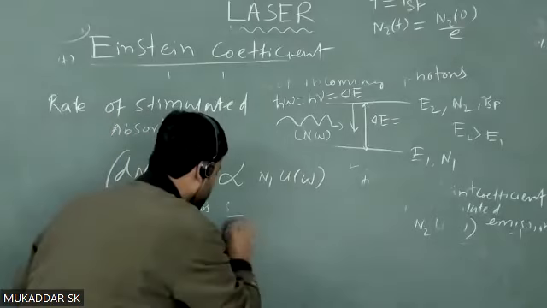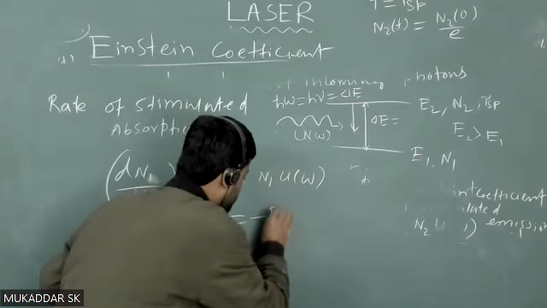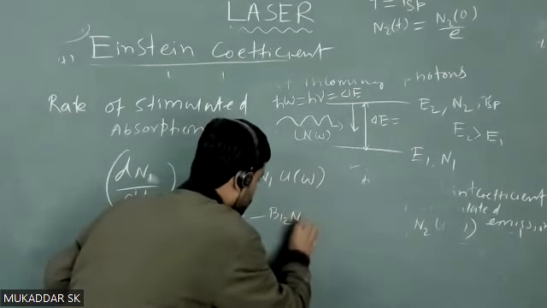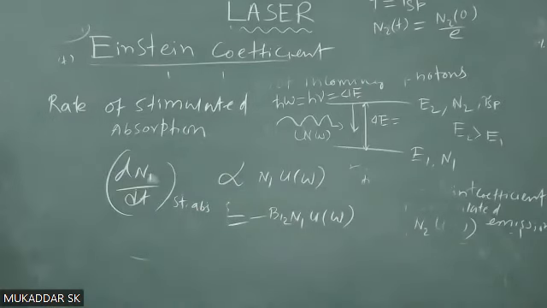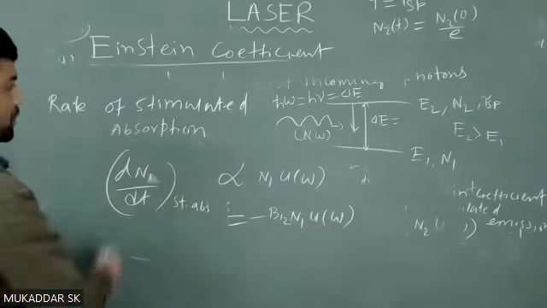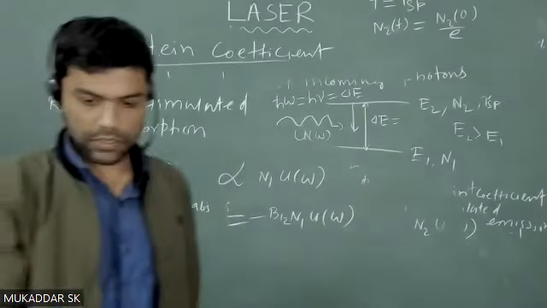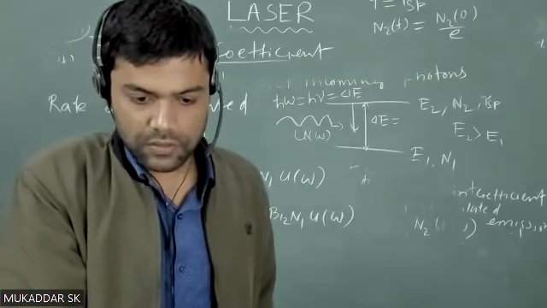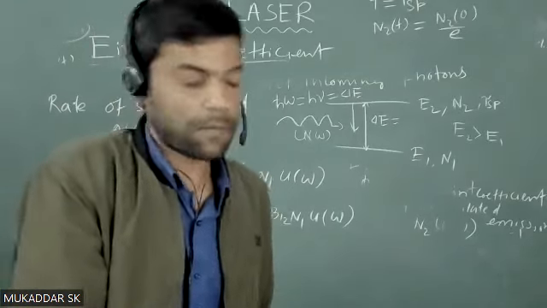Okay. So if you remove this proportionality constant, what I can write here is minus B12 N1 U of omega. Again, you have a minus sign here because with progressive time, stimulated absorption is decreasing the population of E1, the ground state, you can say.